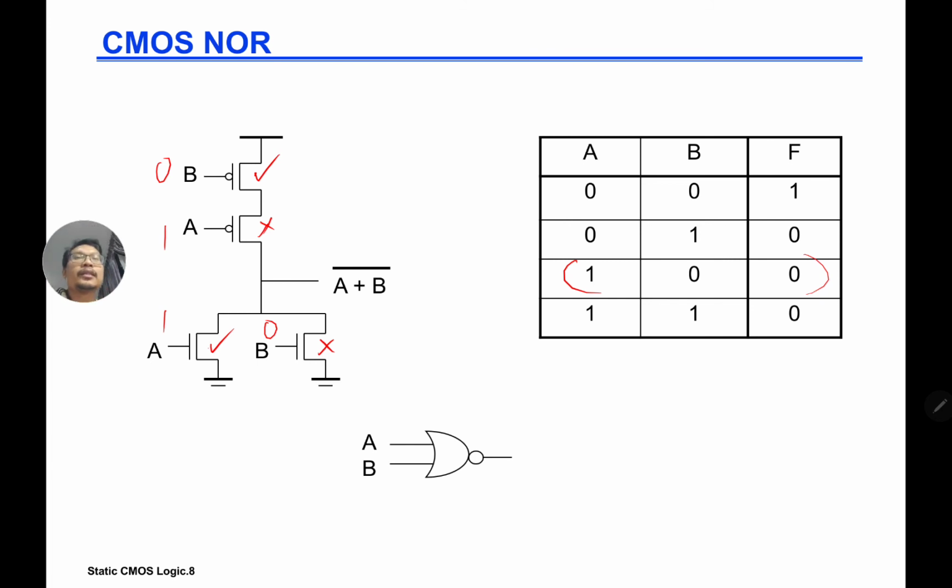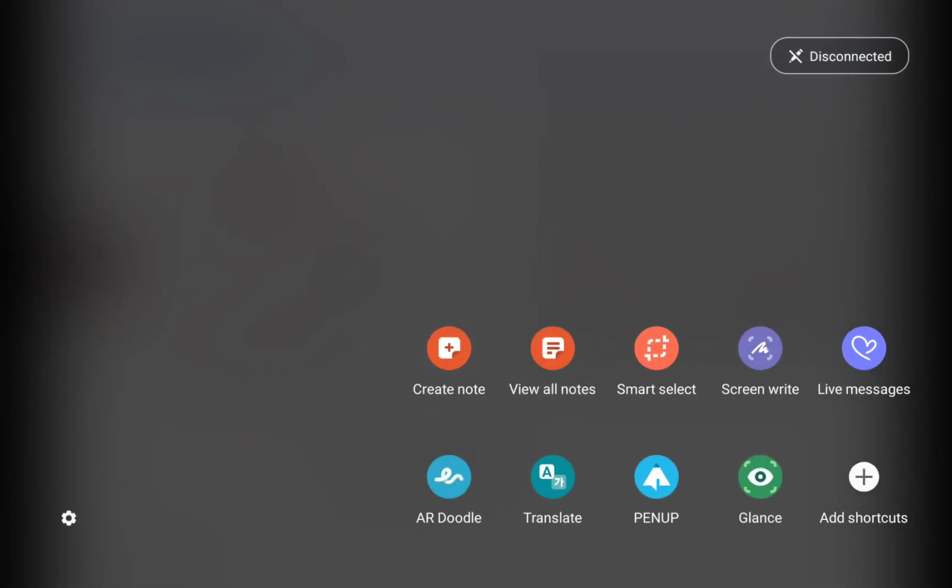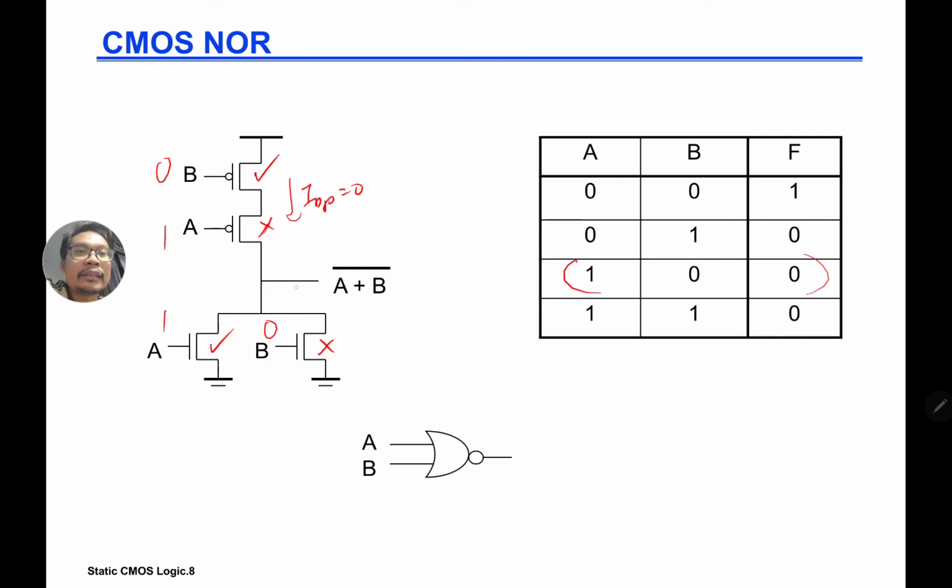Do we have a path from VDD to out? No path. So you can say IDP is equal to 0, and then here we have a path going down, so we have IDN here to pull down. And pull down is going to give you a 0 on the output.